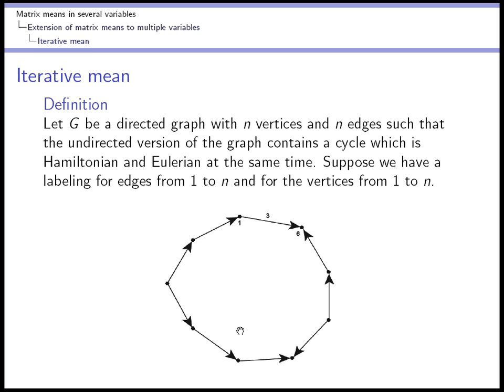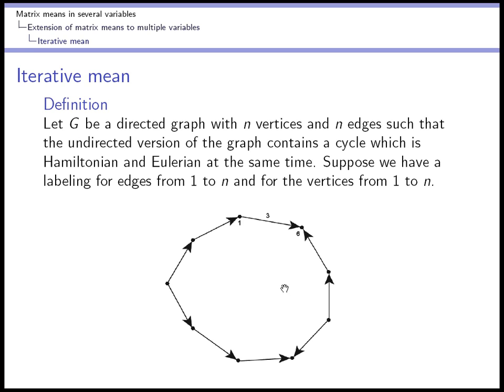This means that the graph will be isomorphic to this graph if we don't care about the directedness of the edges. And we also suppose that we have labeling for every vertex and every edge from 1 to n.